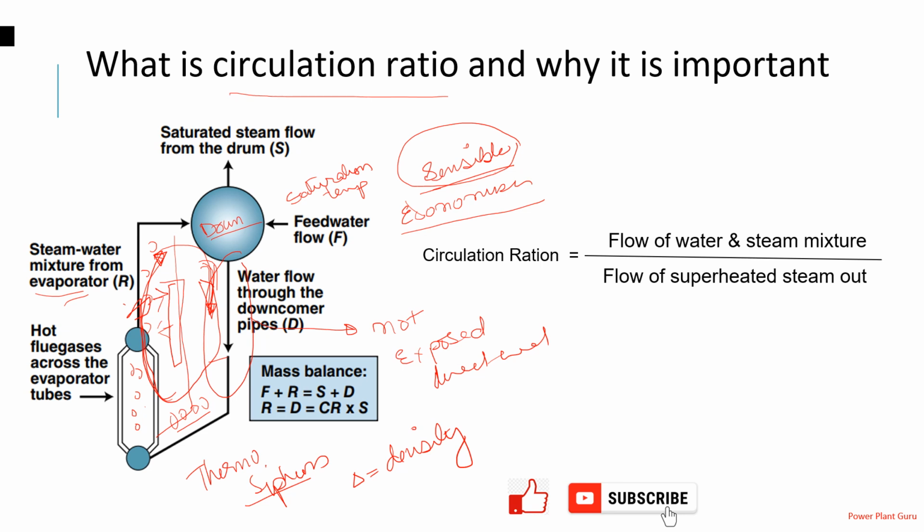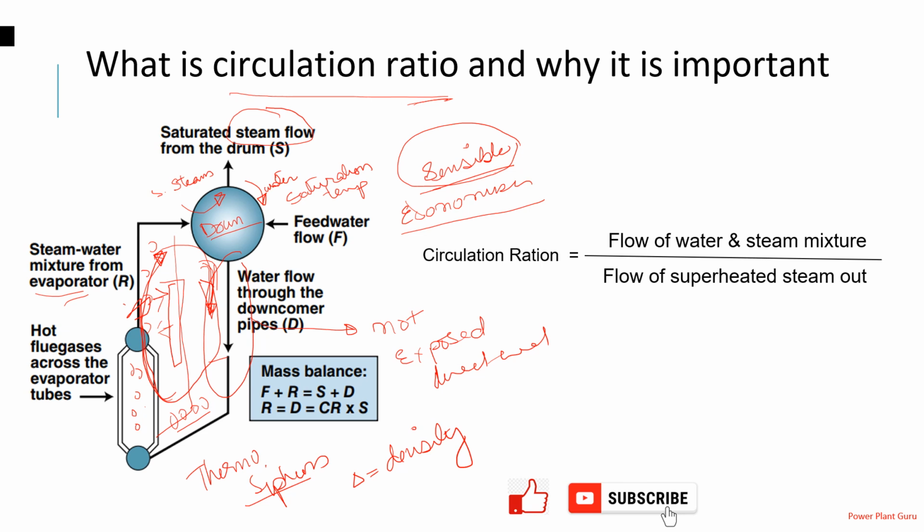Now, the next point we are coming to is the ratio. Just try to understand: whatever is coming from the downcomer, and here something is going up. The entire thing will not go into the saturated steam going to the superheaters, because here there will be water plus steam, and here there is only water. Whatever the steam part is, that will go up as saturated steam, and whatever water was there will again come down.